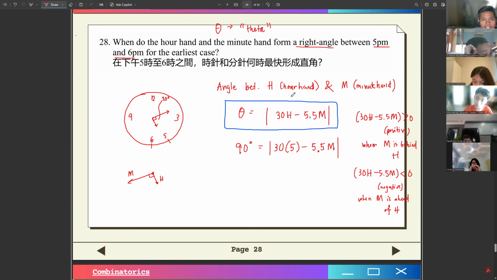Okay? But take note, if we want the earliest case, we want this case, right? That the minute hand is behind the hour hand. Meaning, this is positive. So what does that imply? If this is positive, we can just take it out of the absolute value, like this.